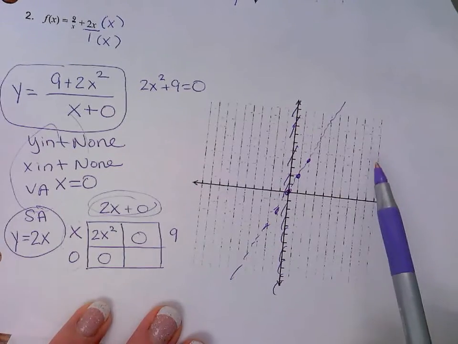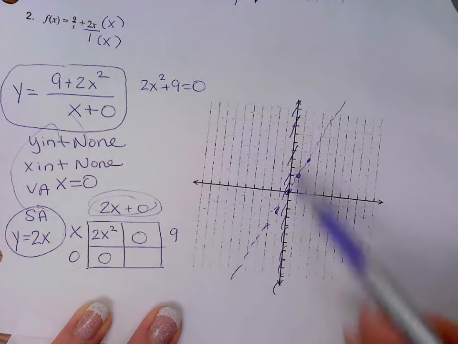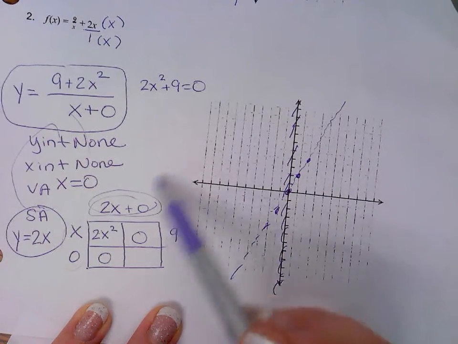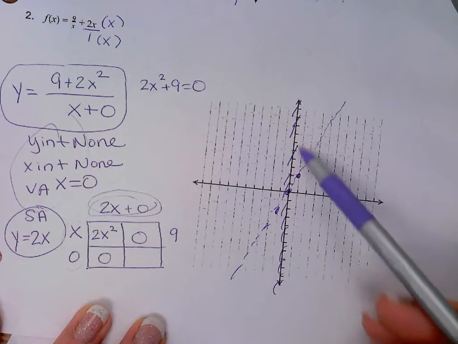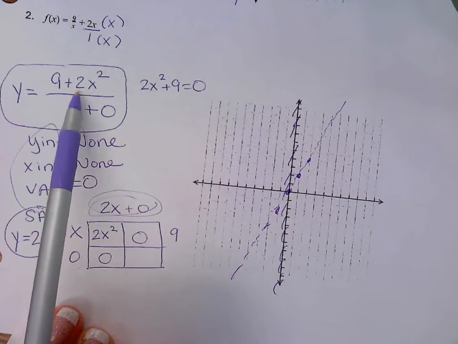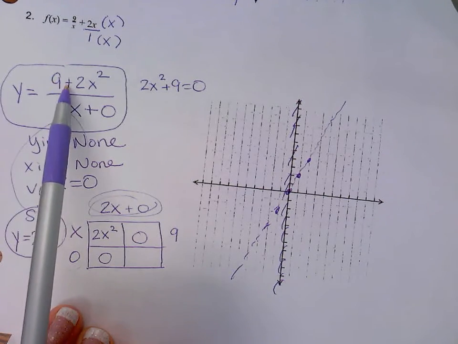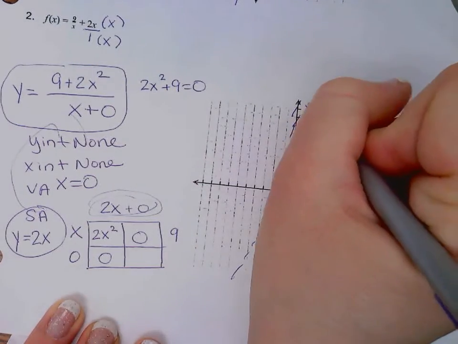So I'm guessing that my graph is probably in these narrow V shapes, right? Because there were no x-intercepts. But you could plug in like maybe 1 for x and -1 and see what you get. So if I plug in 1, I would get 9 plus 2 is 11 divided by 1. So 1 comma 11 is up here.